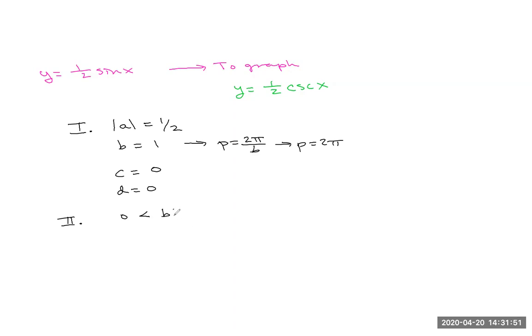Remember we still have our B times X minus D part here, but now we have no equal sign. If you forget that, don't worry about it. You'll see how it won't really matter in the end anyway.